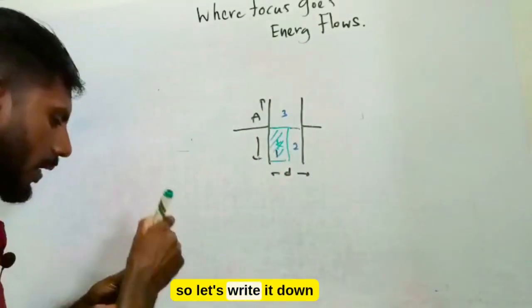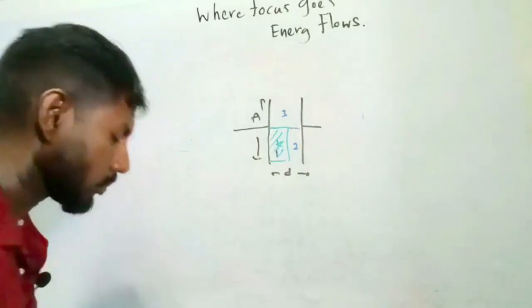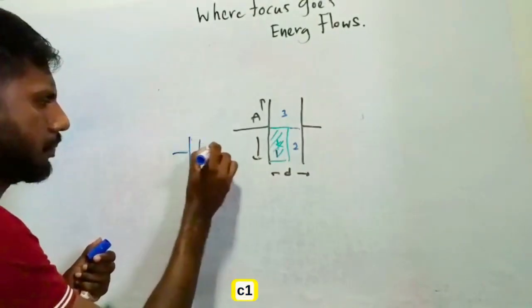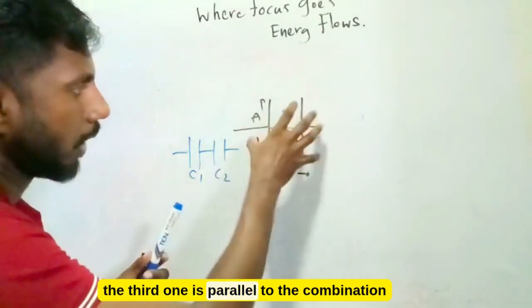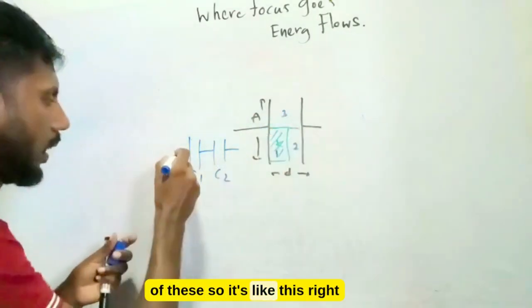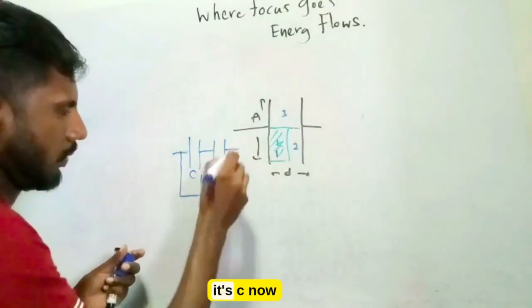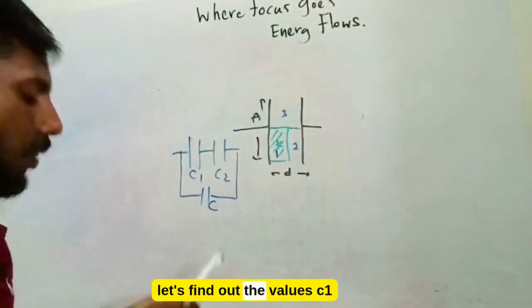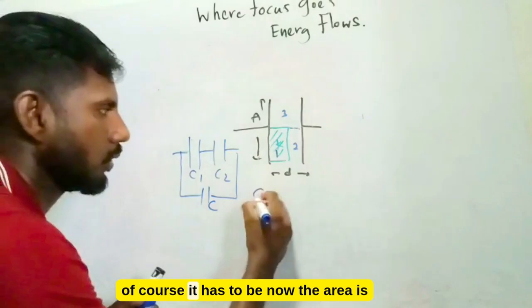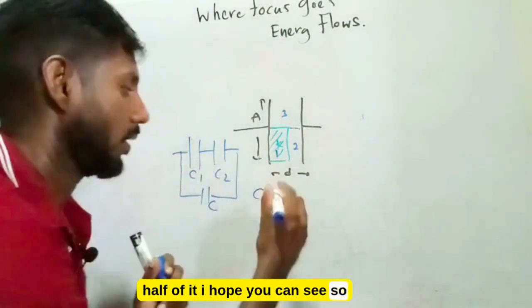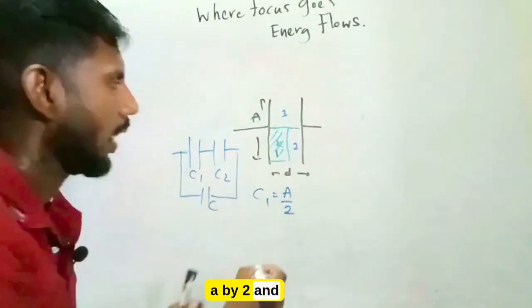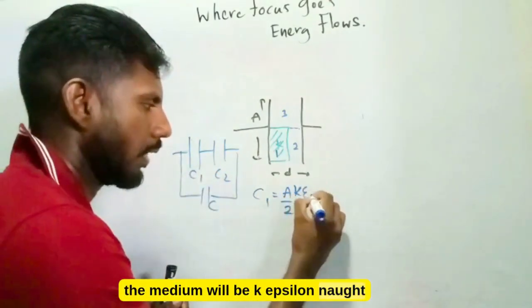So let's write it down properly. C1 and C2, right? And the third one is parallel to the combination of these, so it's like this. It's C. Now let's find out the values. C1: the area is half of it, so A by 2, and the medium is K epsilon naught.